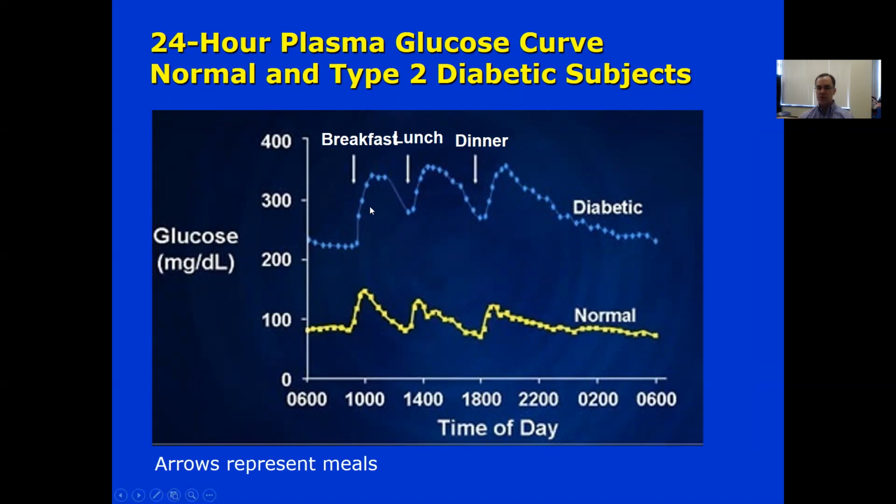As a result, glucose levels will rise and they'll stay elevated for quite some time with this plateau phase before returning back down. So that's why you have this plateauing effect, because type 2 diabetics have lost that phase 1, that initial bolus of insulin, whereas a healthy individual has both phase 1 and phase 2.